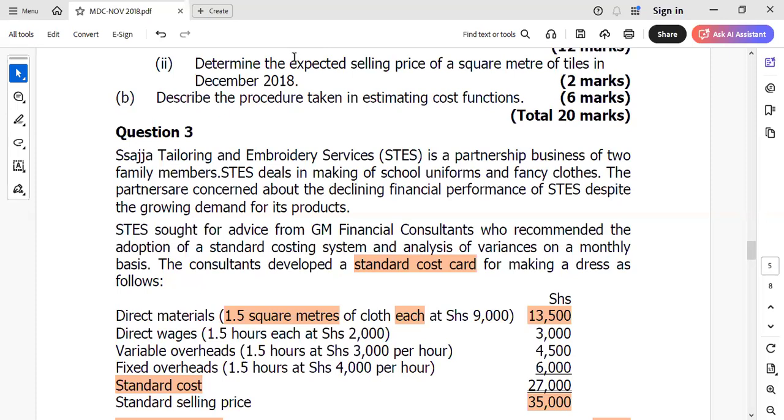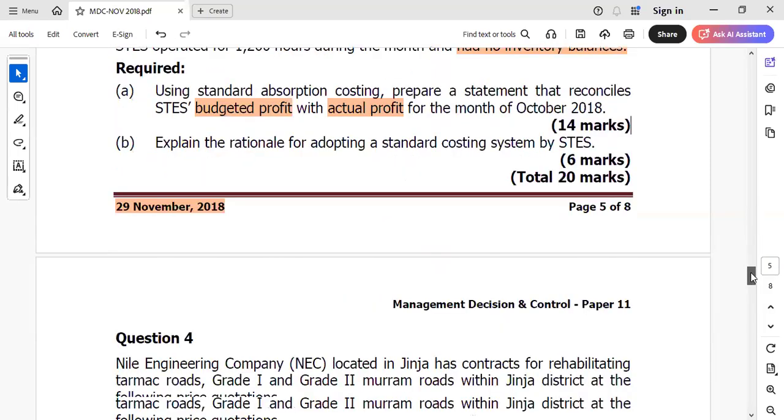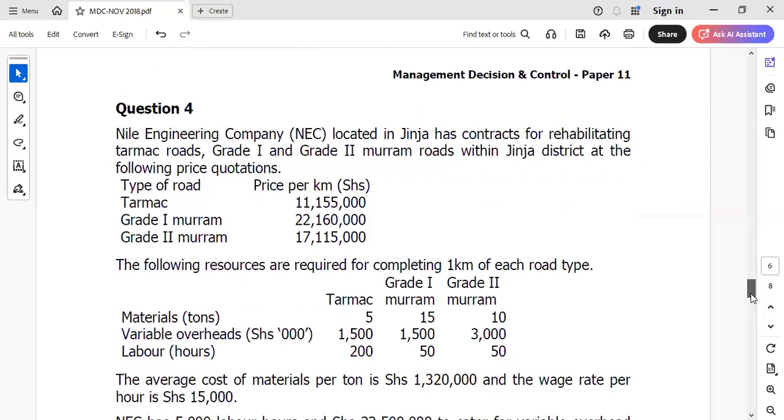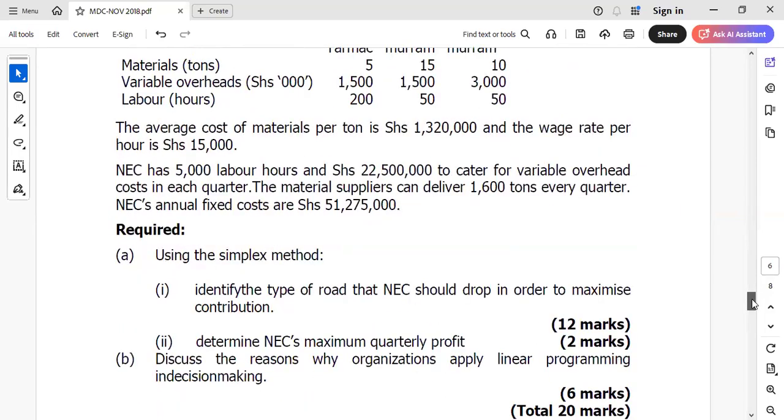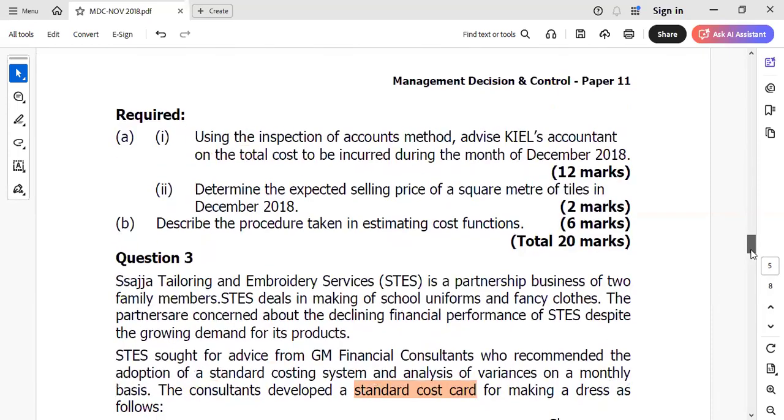So you need to be very, very, very fast. And if God can help you and you get a number in section B where you can score like 15 marks, please maximize that number. Like this question, it was taking a lot of time.